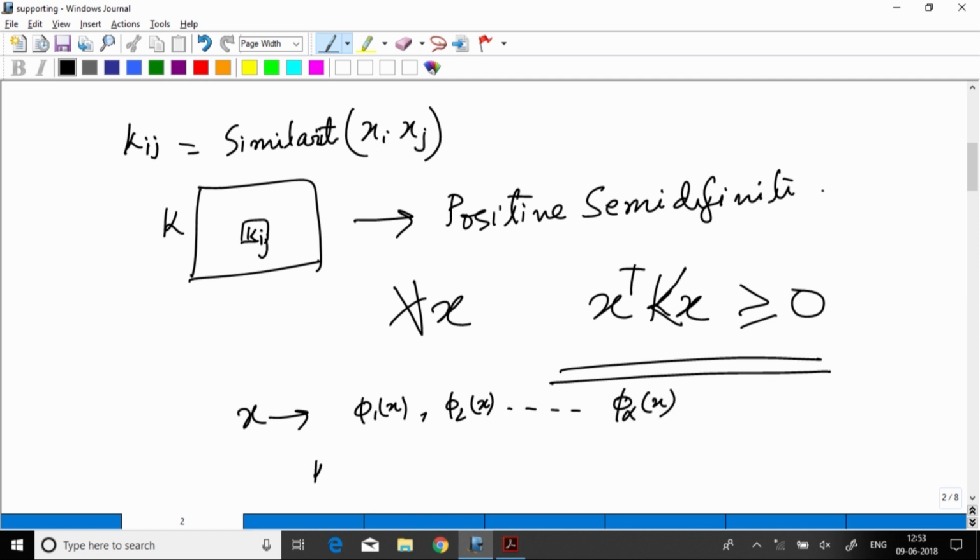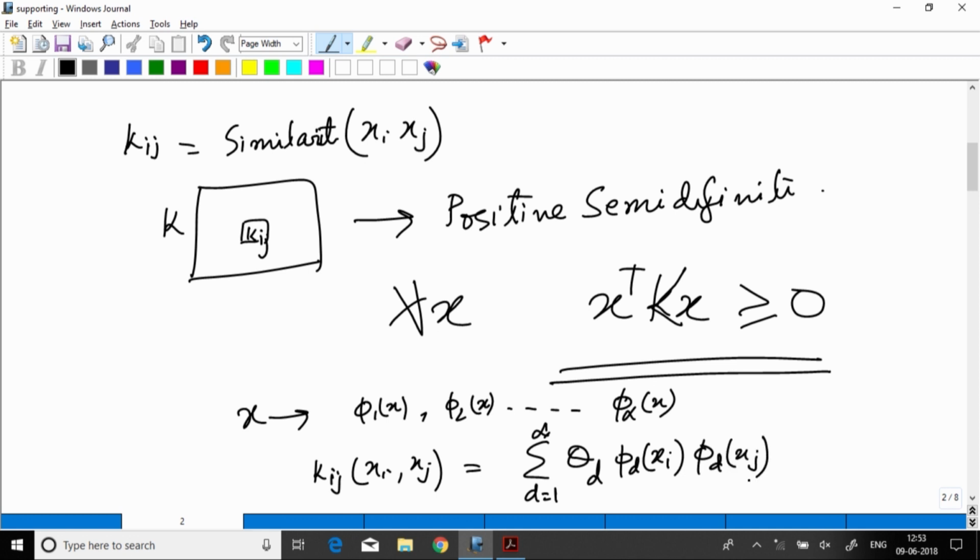You define the kernel between i and j, the similarity between xi and xj, as the sum over d of theta d times phi d of xi and phi d of xj, where d is the number of dimensions in the transformed space. If you define your kernel like this, it is called the Mercer kernel, and this will be a valid kernel. This is the Mercer theorem.